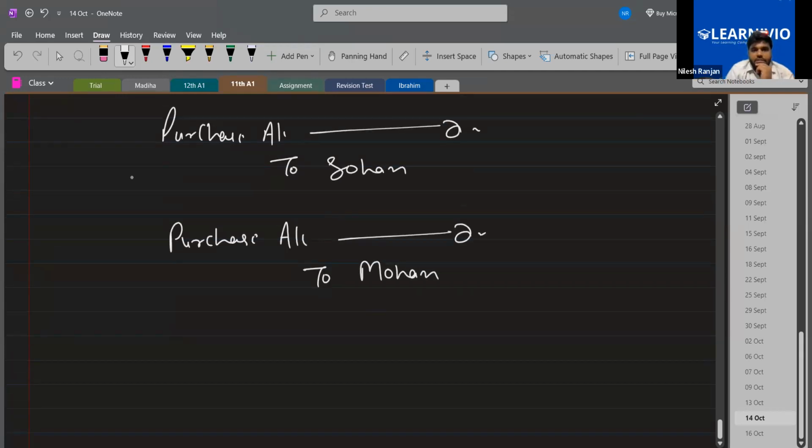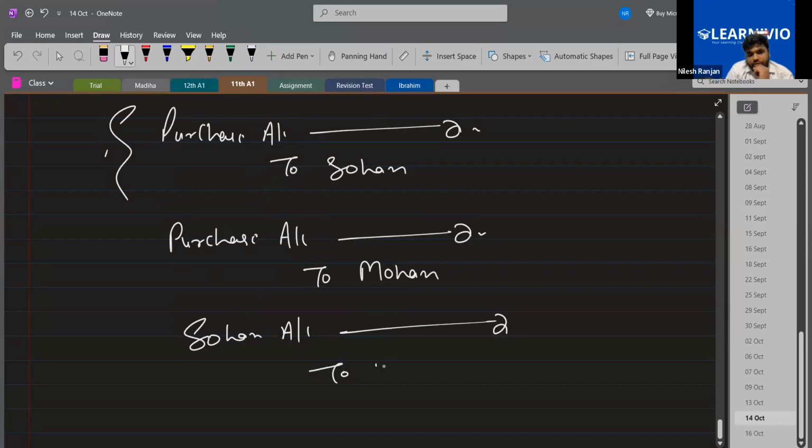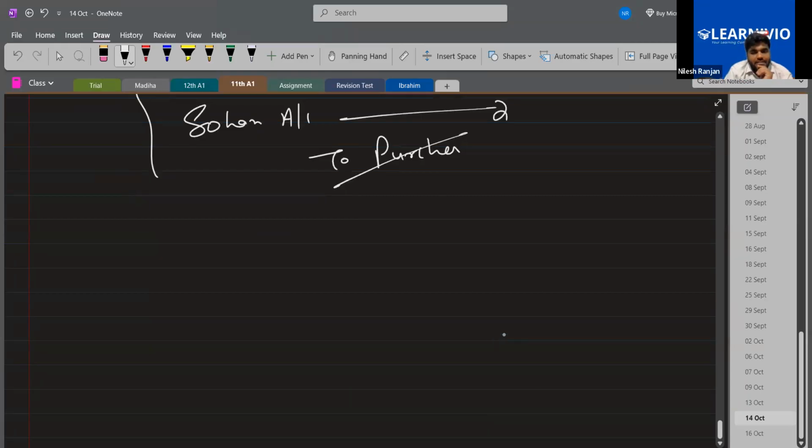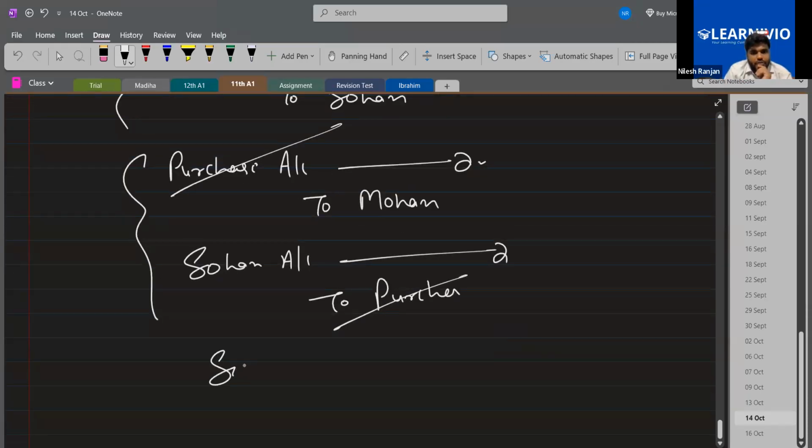Now if we reverse the first one, it will be Sohan account debit to purchase. Now we have to combine these two. So purchase is on the debit side, purchase on the credit side. It is like plus minus. Now write the balance items. It will be Sohan account debit to Mohan account. Is this clear to you? Yes sir.